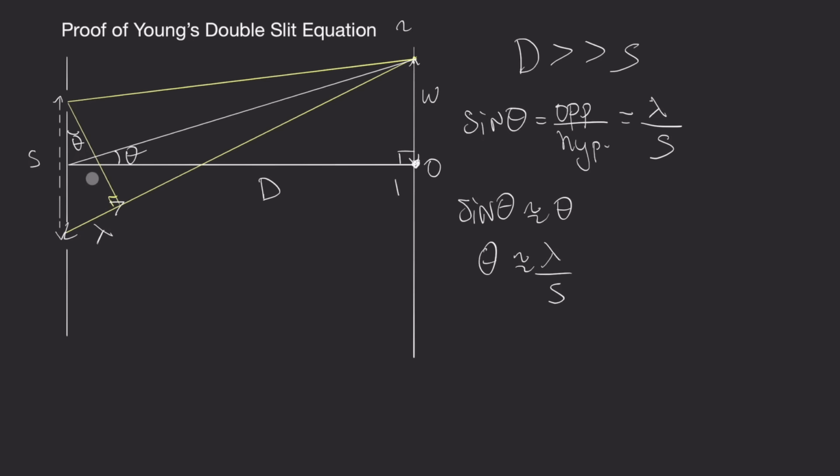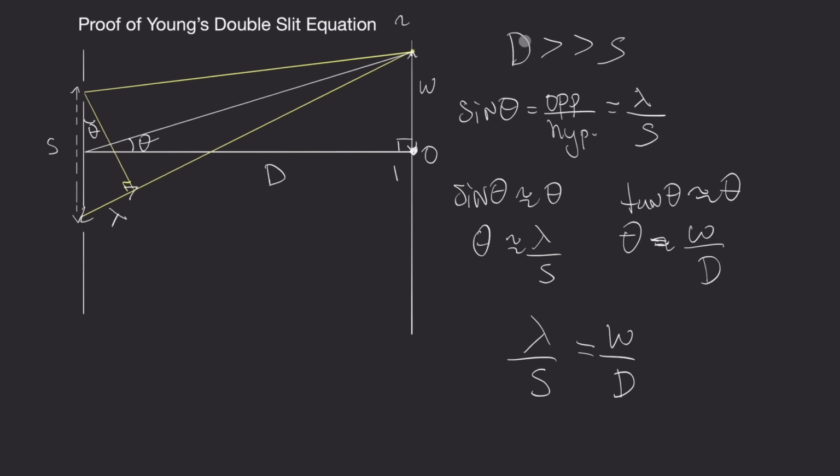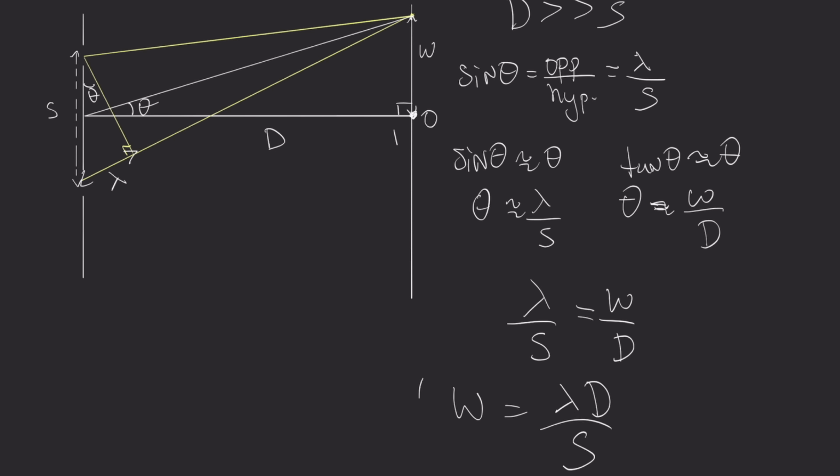So by looking at this second triangle, we can say that tan of theta, which is approximately equal to theta, is then going to be equal to the opposite divided by the adjacent, which is W divided by D. So this means that lambda over S is equal to W over D in the limit that the distance D is significantly larger than the slit separation. Just rearranging for W, we get that W is going to be equal to lambda D divided by S.